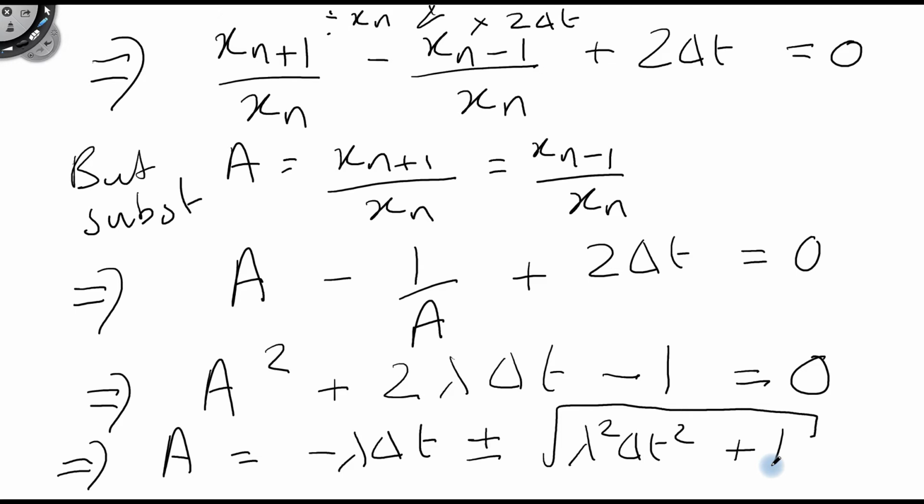So what we're going to do is call the two roots A plus and A minus, corresponding to the plus and minus sign previously. So the plus sign goes to A plus, and the minus sign to A minus, and we'll just see what they give us.